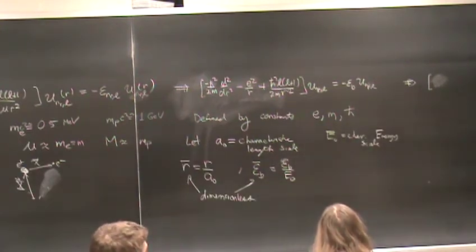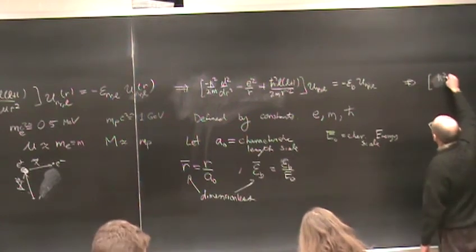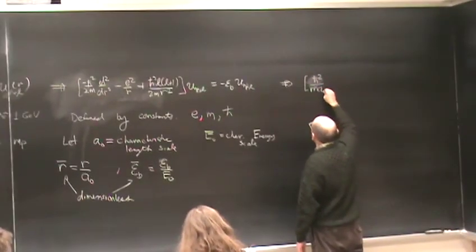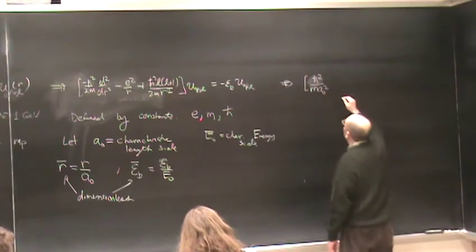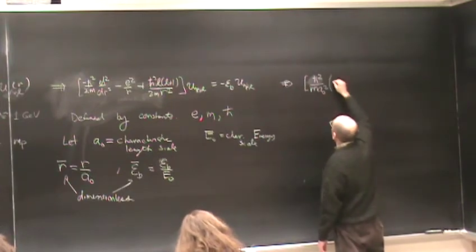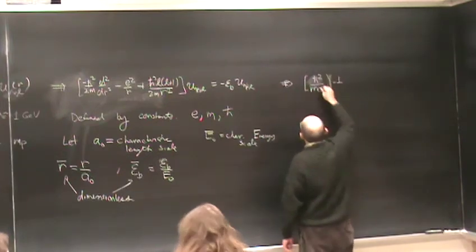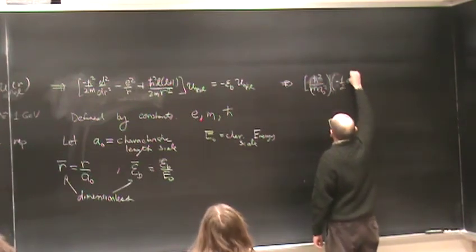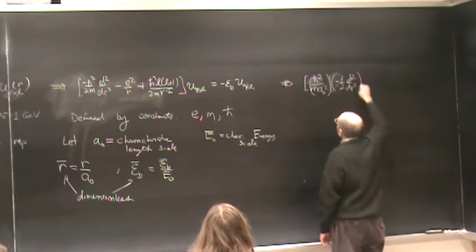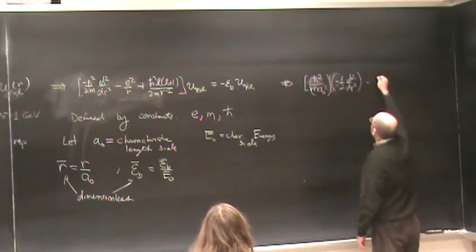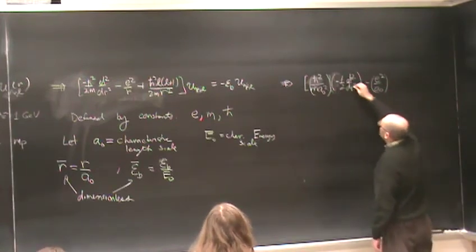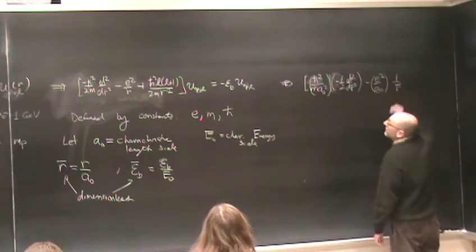So now I'm back at h bar squared over the mass of the electron times A naught squared times minus a half d by dimensionless r squared. Then I have minus e squared over A naught times 1 over dimensionless r.